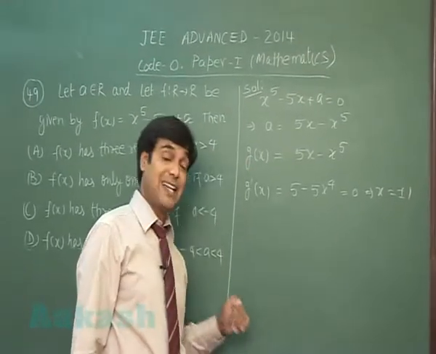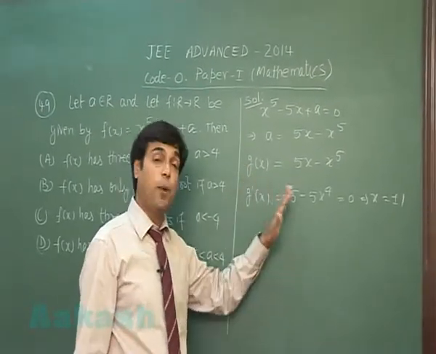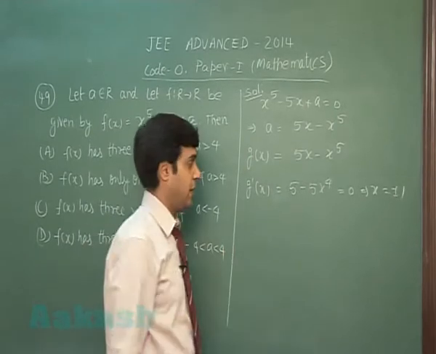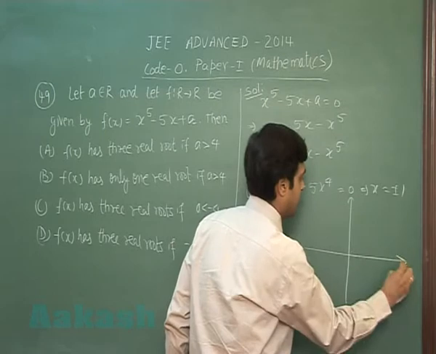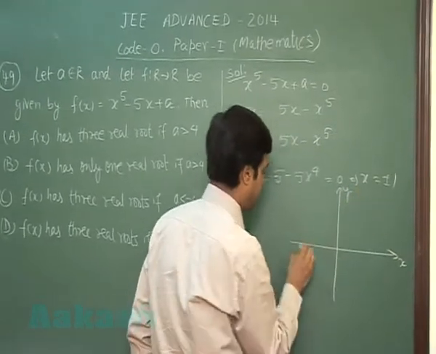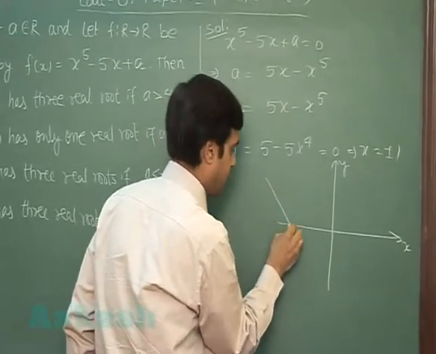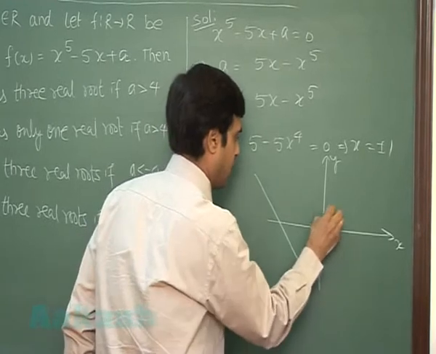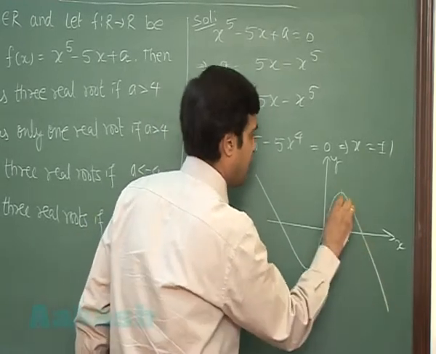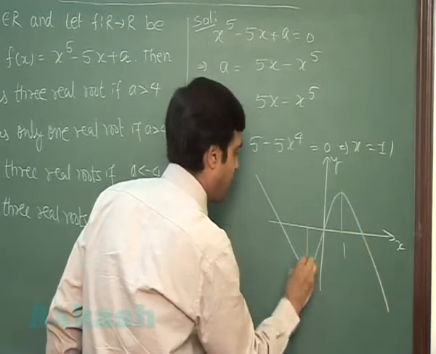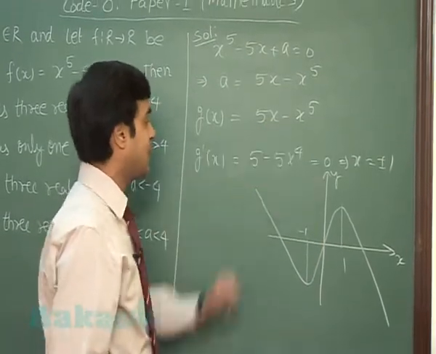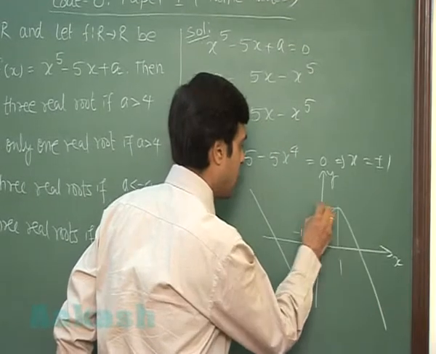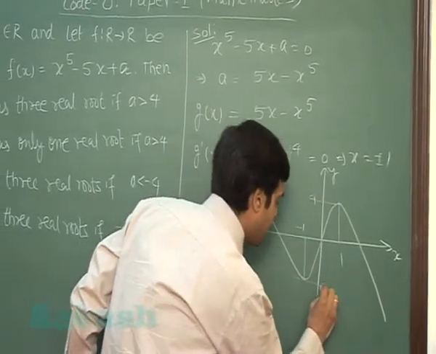So the points of maxima and minima for g(x) are 1 and minus 1. We can draw the graph of g(x) like this. This is the point x equals 1, this is the point x equals minus 1. When we put x equals 1, g(x) goes to 4, the other one is minus 4.